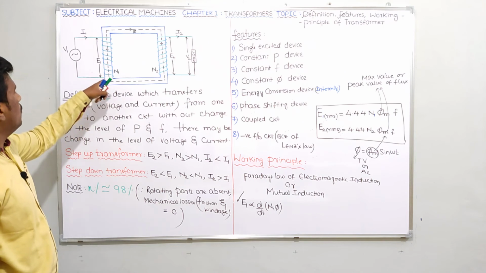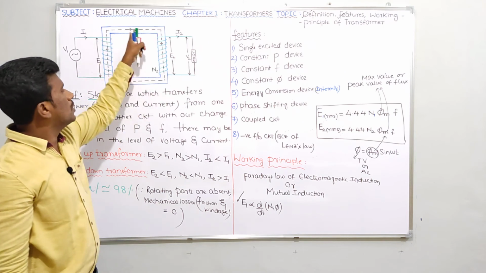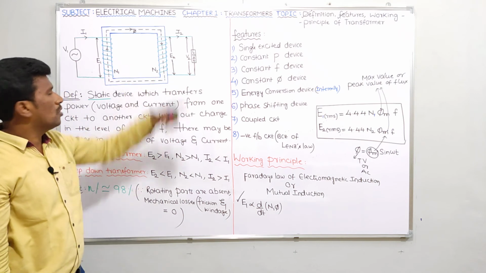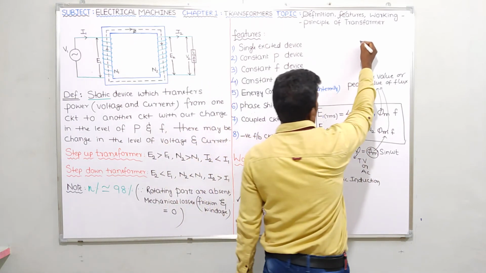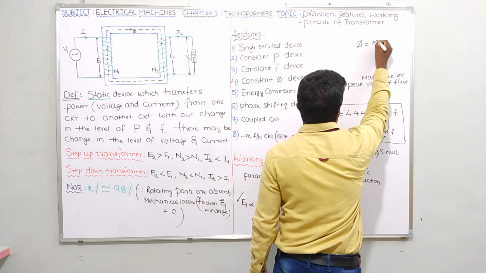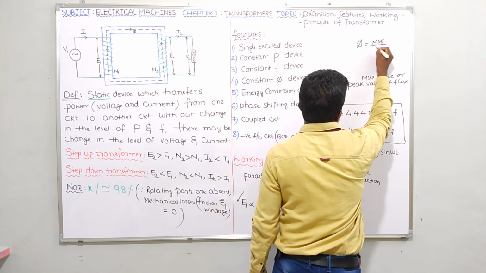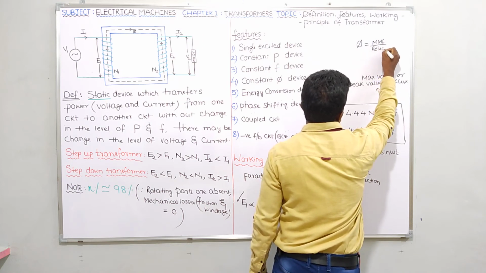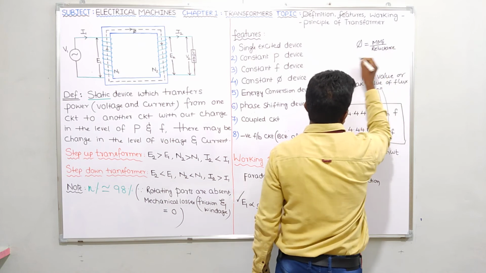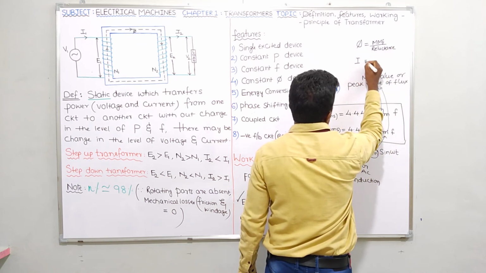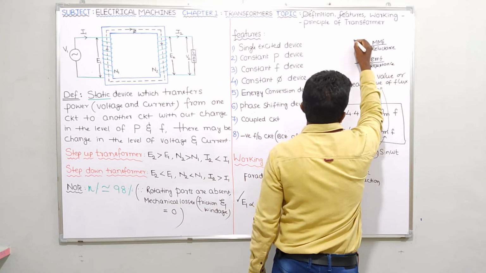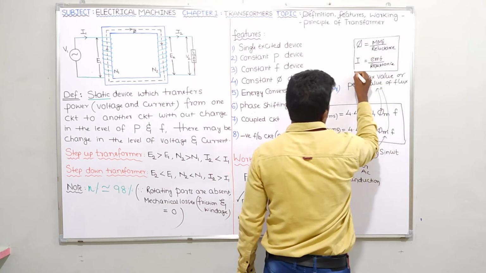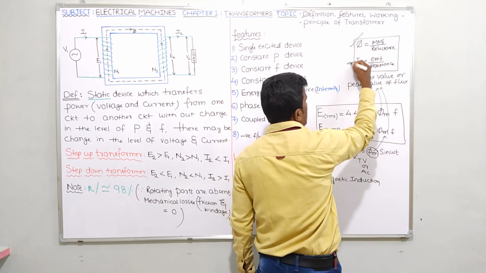Then the same flux goes from primary winding to secondary winding through transformer core. Very simple, because you might know a formula: flux equals MMF by reluctance, just like current equals EMF by resistance. In magnetic terms this is the formula, in electrical terms that is the formula.